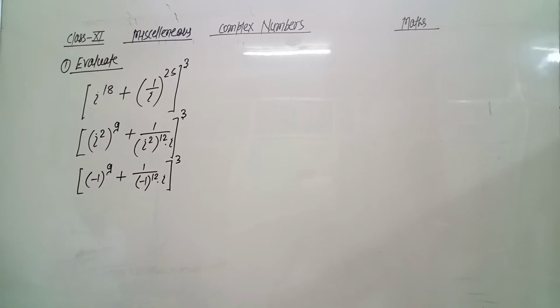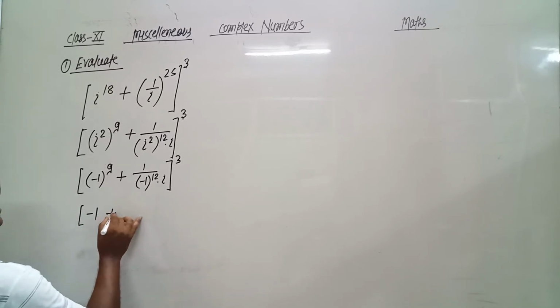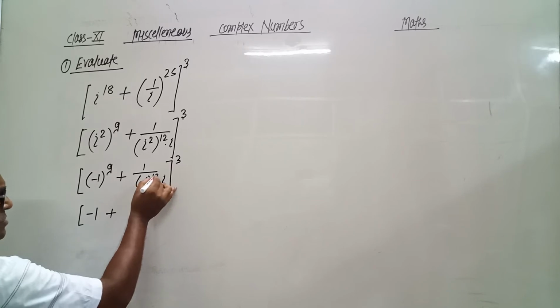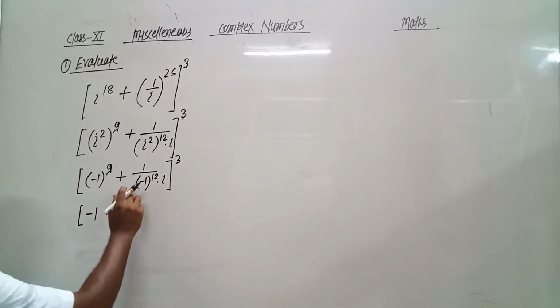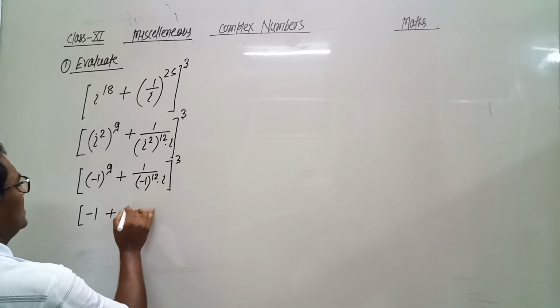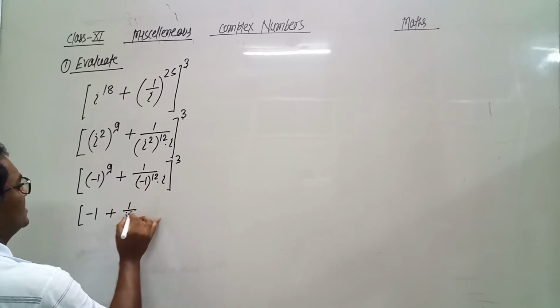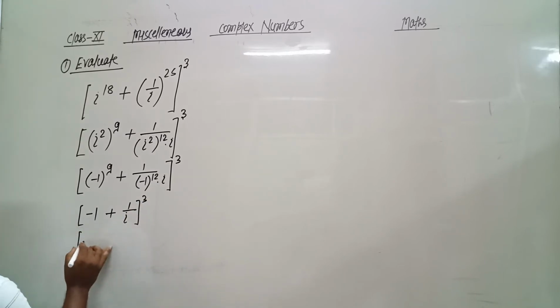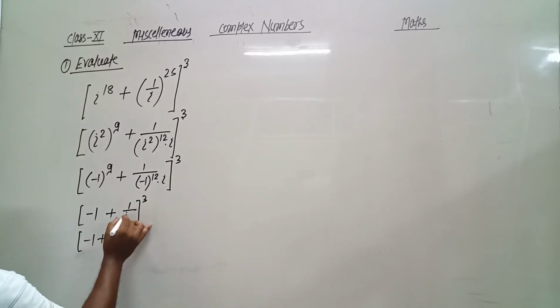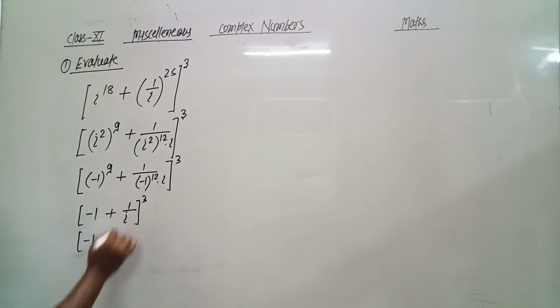So minus 1 raised to an odd power gives minus 1, and minus 1 raised to an even power gives plus 1, and 1 into i gives i. Then minus 1 plus 1 upon i. We rationalize by multiplying the numerator and denominator by i.